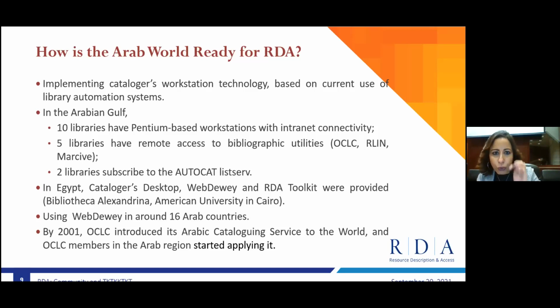So this also was a challenge, but we worked hard on this. And in Egypt, actually, Cataloger's Desktop, WebDewey and RDA Toolkit were only provided in Biblioteca Alexandrina and the American University in Cairo. So you can find only 2 big places who worked on RDA and who subscribed firstly to the RDA Toolkit. But this also changed.